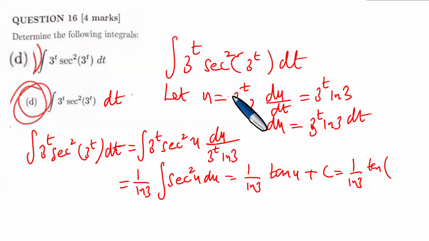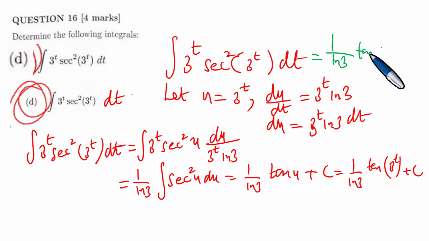What is u? It is 3 to the t plus c. So in the end, this integral here is 1 over the natural log of 3, the tangent of 3 to the t plus c.